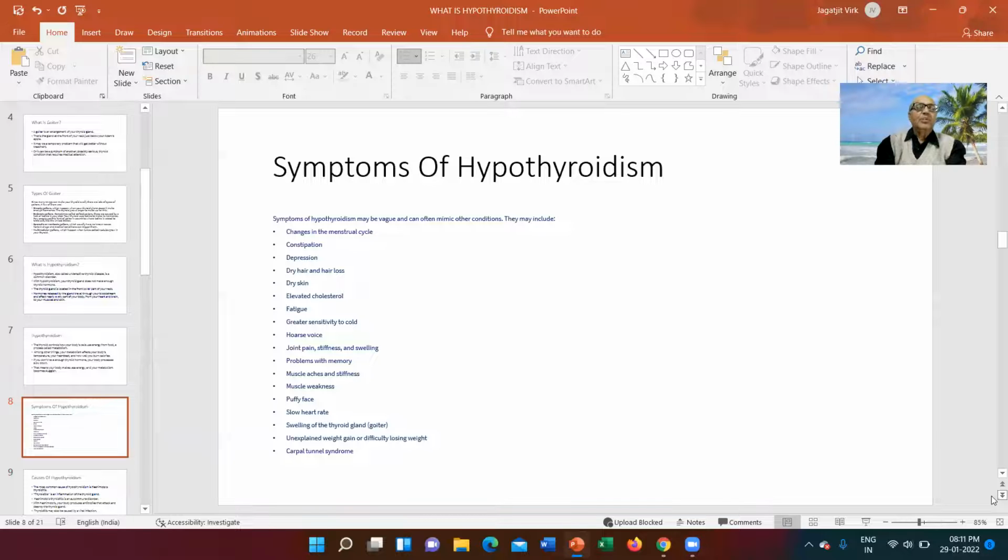They may include changes in the menstrual cycle, constipation, depression, dry hair and hair loss, dry skin, elevated cholesterol, fatigue, greater sensitivity to cold, hoarse voice, joint pain, stiffness and swelling, problems with memory, muscle aches and stiffness, muscle weakness, puffy face, slow heart rate, swelling of the thyroid gland called goiter, unexplained weight gain or difficulty losing weight, carpal tunnel syndrome.